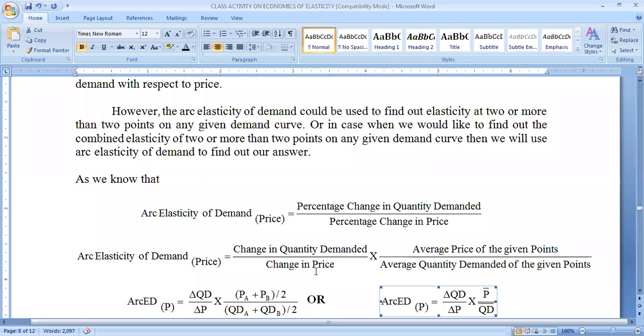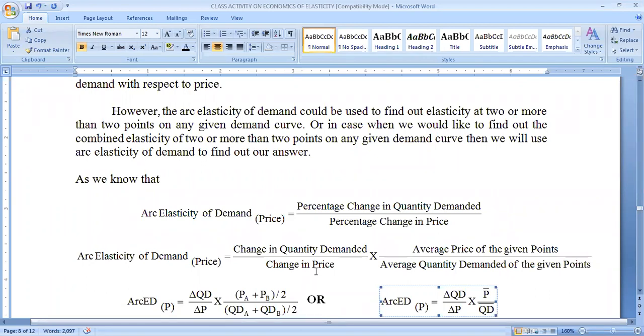So we have three prices, say 10, 20, and 30. By adding all of them, we obtain 60 as total. Dividing 60 upon number of prices, which are three. So 60 divided by 3 equals 20. So average price of 3 points is 20, right?